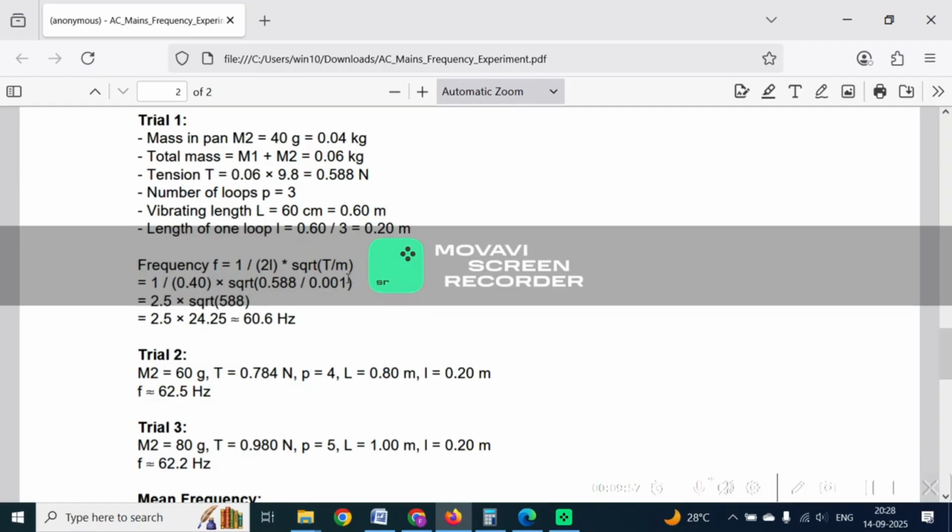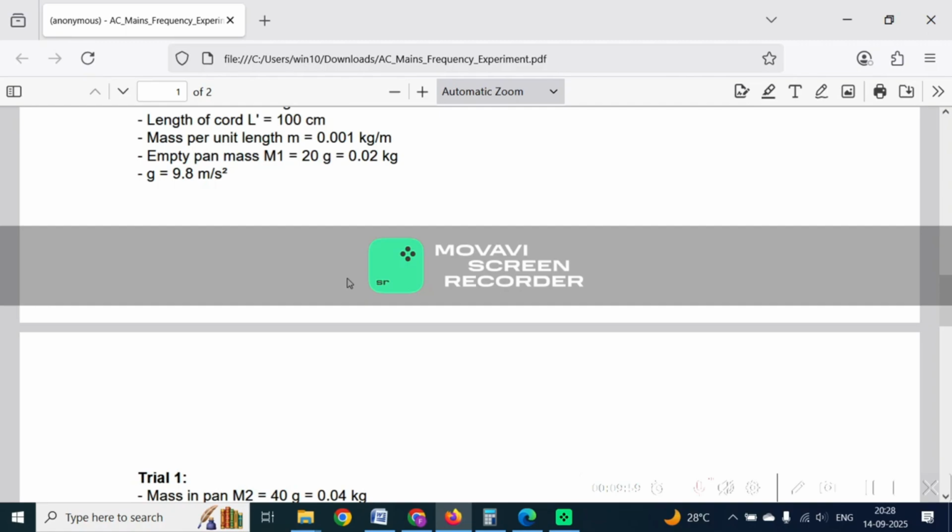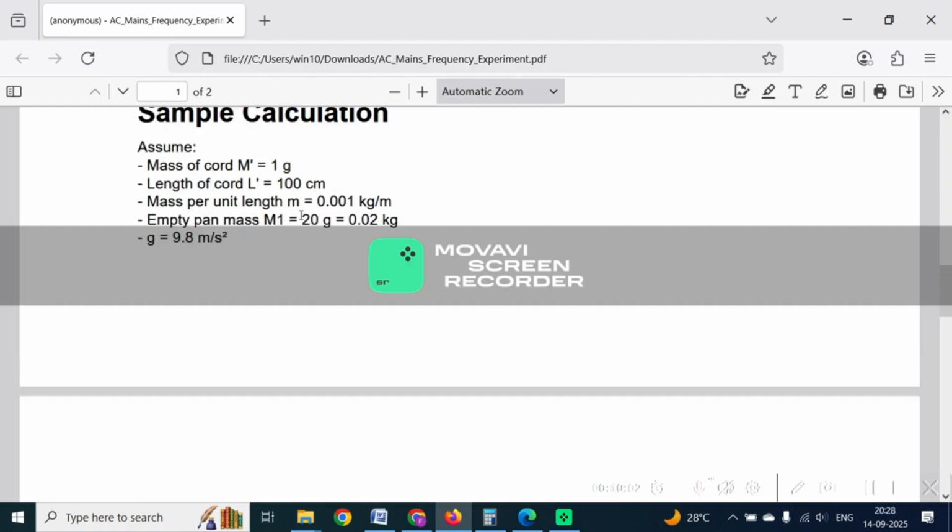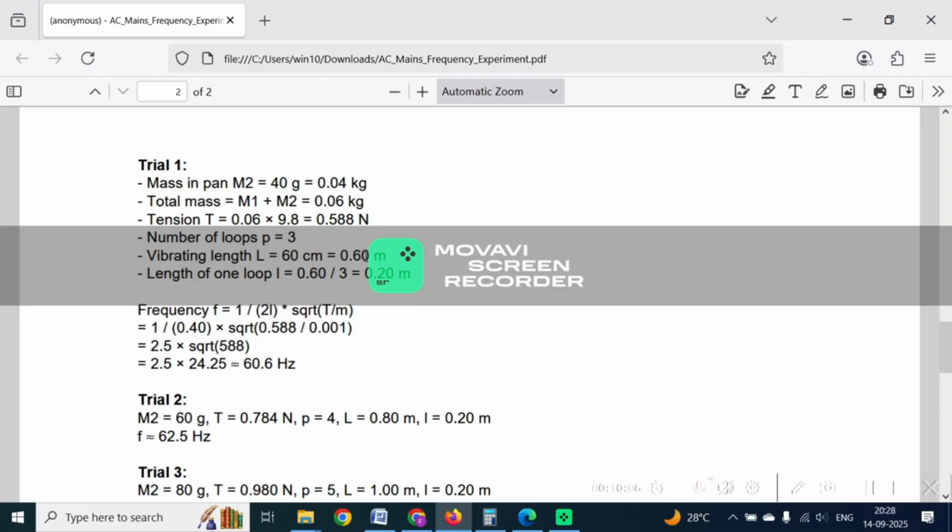Now M, I have already told you how you can calculate. M is mass per unit length, 0.001 kg per meter. When you put all these values in this formula, you can easily calculate the frequency. 1 upon 2L, L is 0.20.